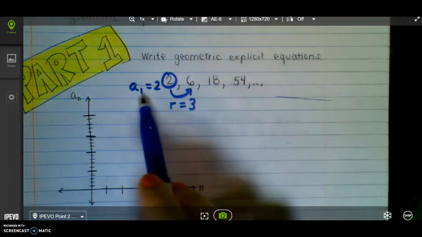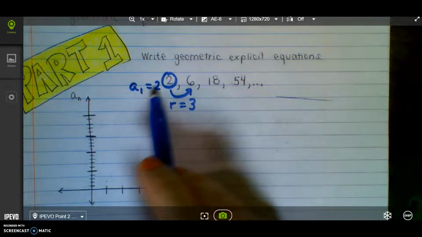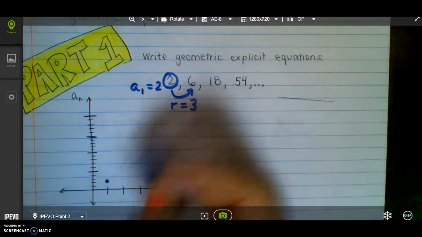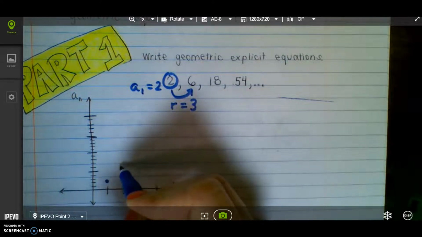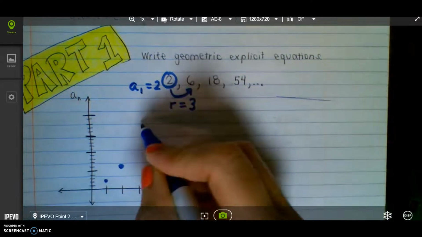So to plot this first term on a graph, I plot 1, 2. The first term is 2. The second term is 6, so 2, 6. The third term is 18, so 3, 18.